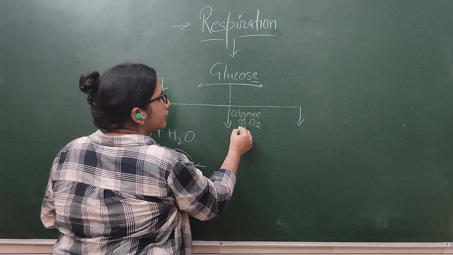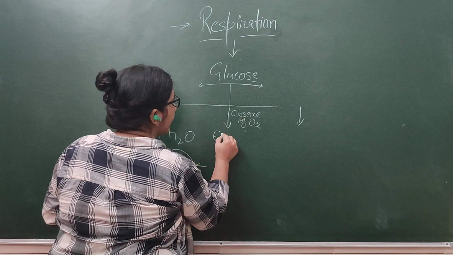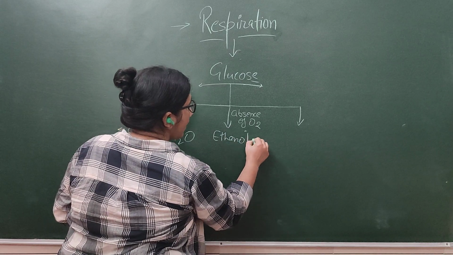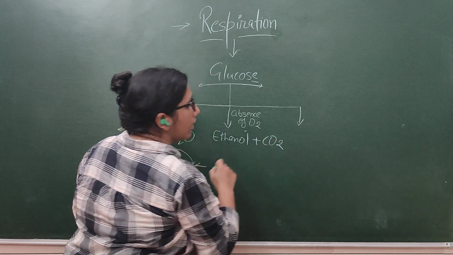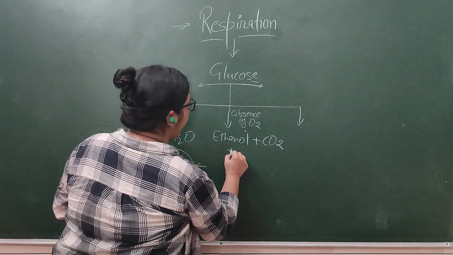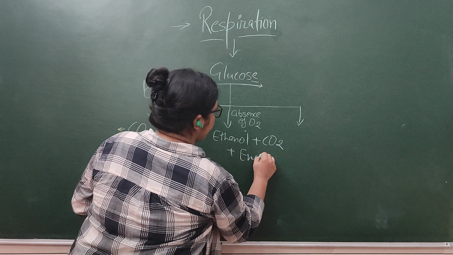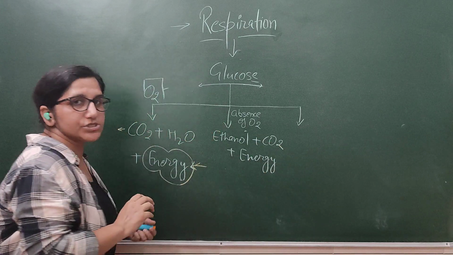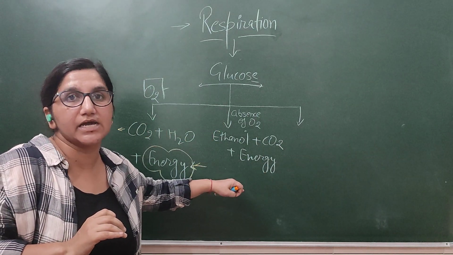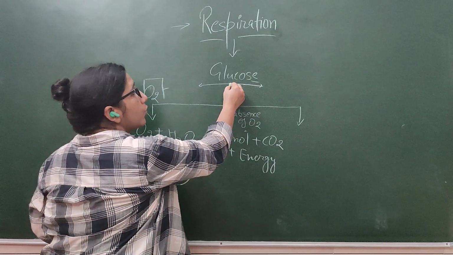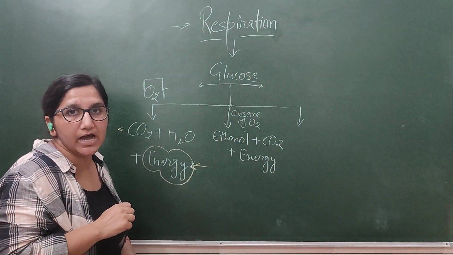The product of this reaction will be ethanol, formed along with release of carbon dioxide and energy. This is the very basic reaction which you are going to write if it is asked.